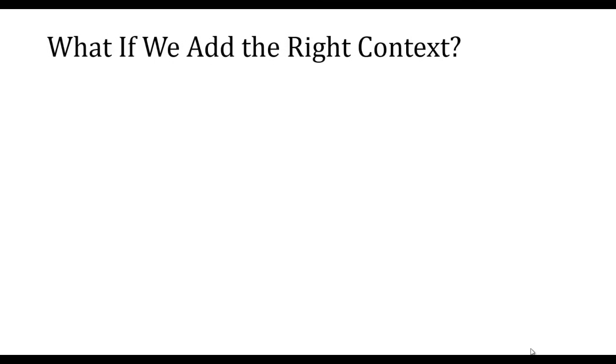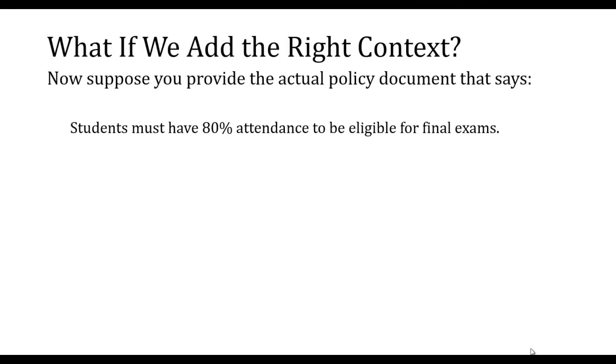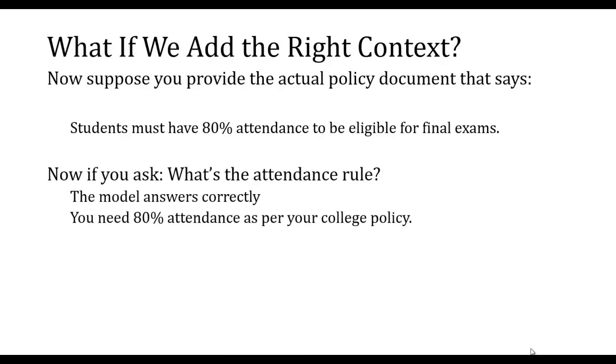But what if we add the right context? So now suppose you provide the actual policy document to the LLM that says students must have 80% attendance to be eligible for final exams. Now, if you ask the LLM what's the attendance rule, the model answers correctly because we have provided the actual policy document.